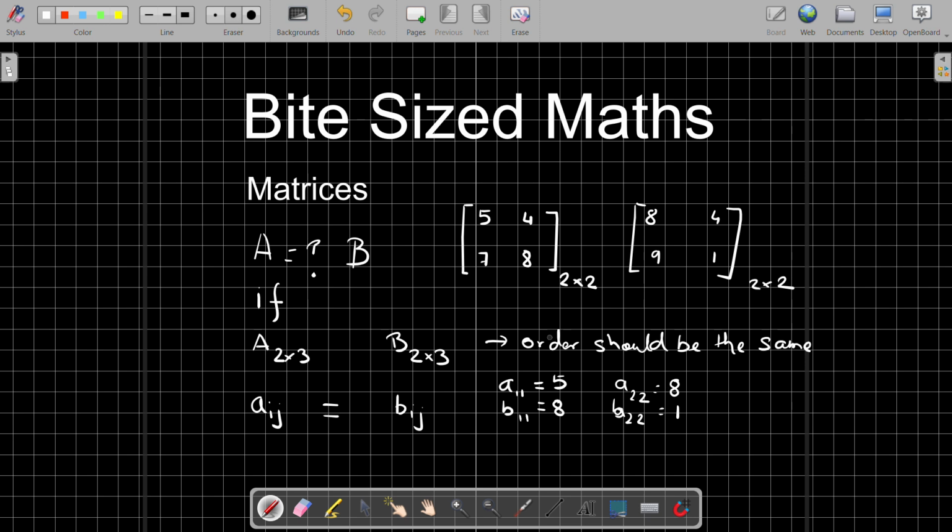So basically these two matrices are not equal because the terms are not equal. If I were to write the same matrix, 5, 7, 8, now these two matrices can be said to be equal.